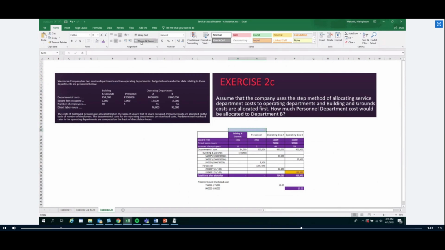So, these are the service department, no? Service department. Sa direct method, yung cost ng service department are directly allocated to the operating departments.